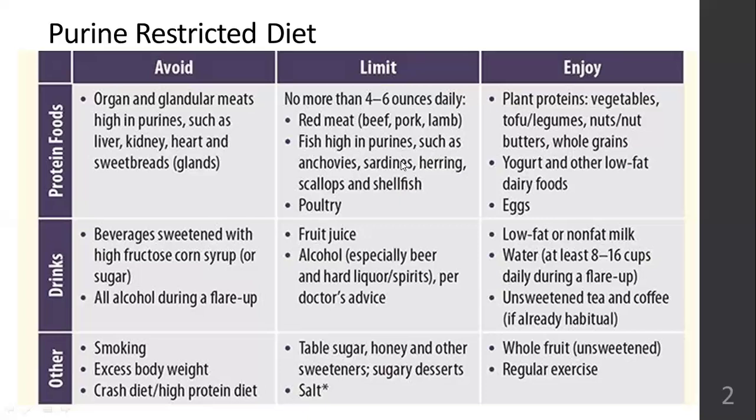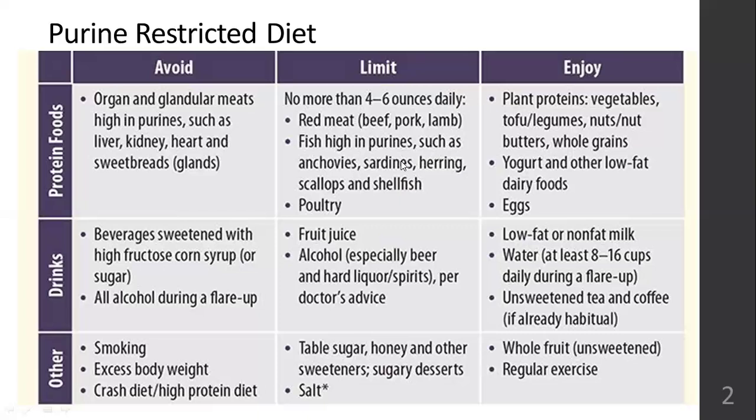And other body habits or lifestyle habits: smoking, you have to quit. Maintain your body weight. Any crash diet or high protein diet you were on, stop that. Limit your sugar intake, honey, sweeteners, any sugary desserts, and too much salt in the diet. Whole fruits you can have, which are not completely ripe.